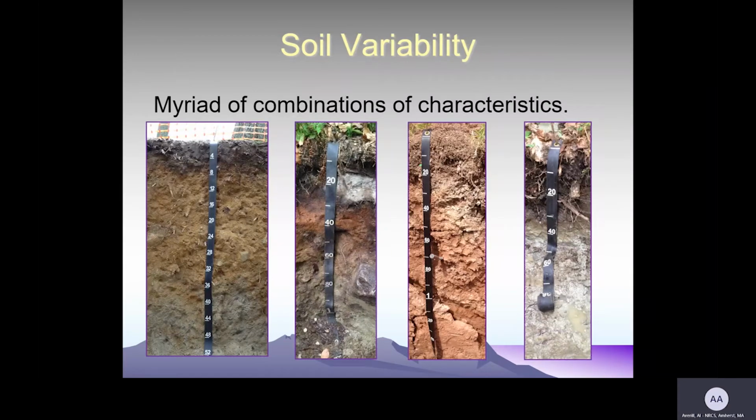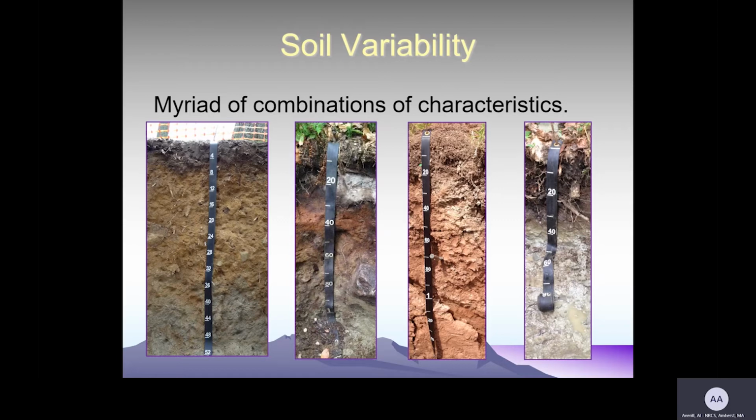Now, you can look at these different images of soil profiles. You can see those horizontal layers that we call horizons. You can see different colors, different types of layers, different amounts of rock fragments. You can see that there's a lot of different characteristics just based on these pictures alone, and you're not even able to look at things that are three-dimensional or that you can feel with your hands, the texture of the soil, how dense the soil is, that sort of thing.